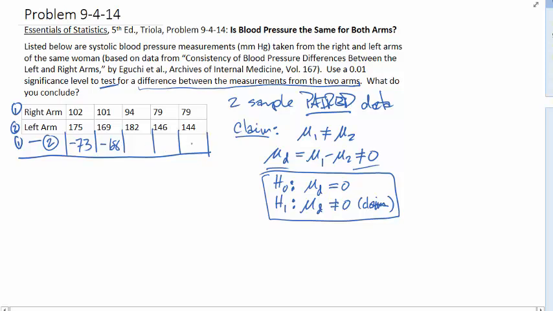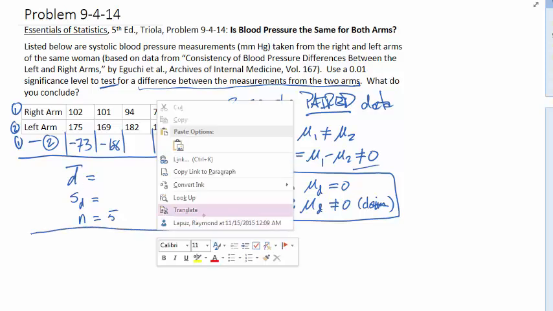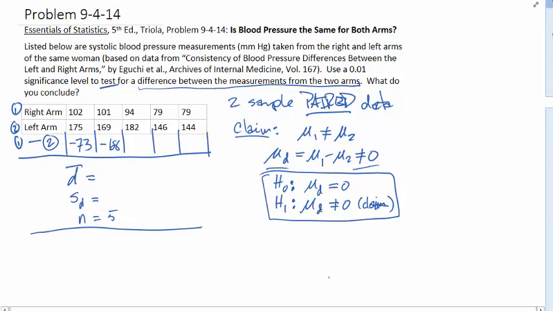Anyways, once you get these numbers, you would find the mean of your sample, and that would be d bar. You also need the standard deviation for your sample, and that's called S sub d. And then our n: 1, 2, 3, 4, 5, n is equal to 5. Okay, so these are your statistics that would be important for us when we do our hypothesis test.